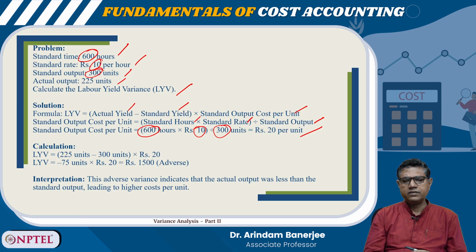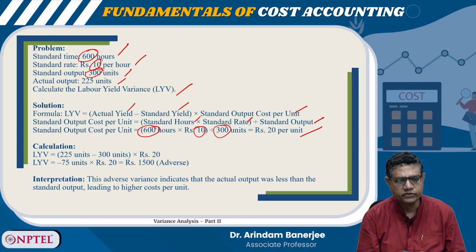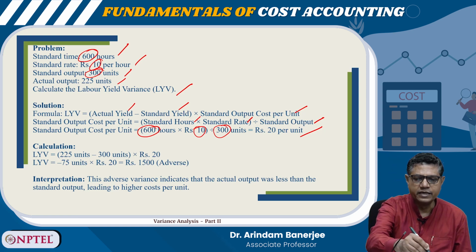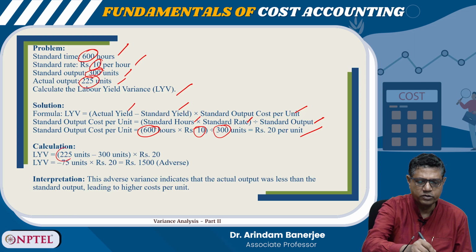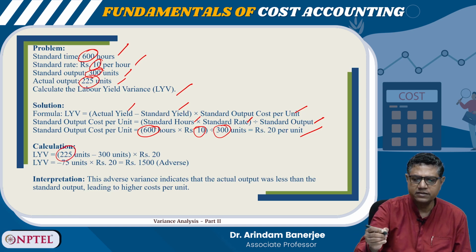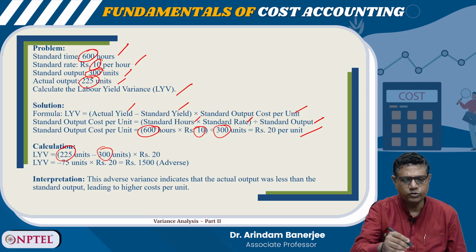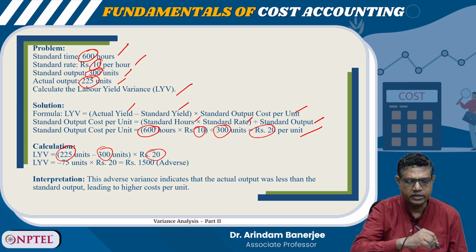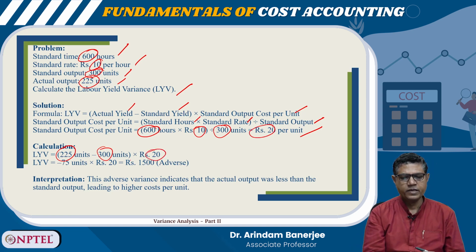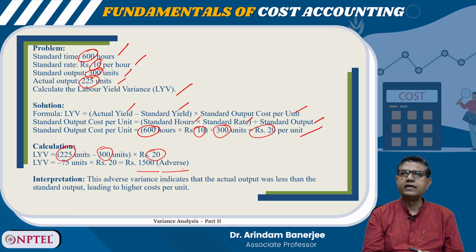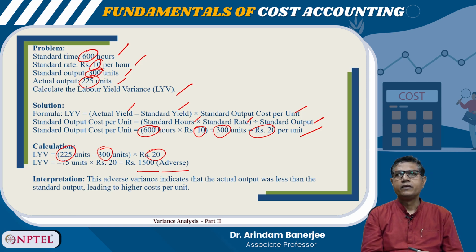Now, the calculation. Labor yield variance is equal to actual yield, which is 225 actual output, minus the standard output, into the standard output cost per unit, that is 20, right. So, if we solve it, it is coming to 1500 and it is adverse. Why is it adverse?